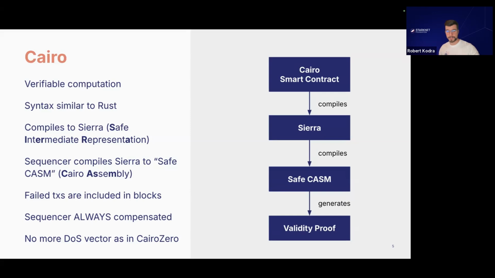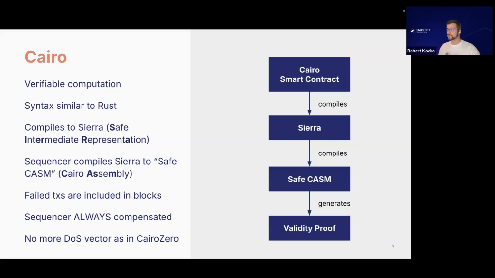And this opened a DOS attack on the sequencer because the sequencer wasn't compensated for these rejected transactions. But now with the introduction of Sierra, this intermediate representation, even failed transactions can be gracefully handled. These failed transactions can be included in the block. And this means that the sequencer will always be compensated, and there's no more denial of service vector as in Cairo 0.